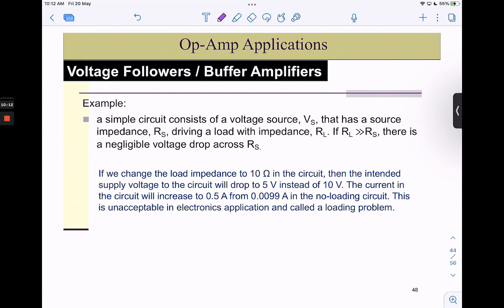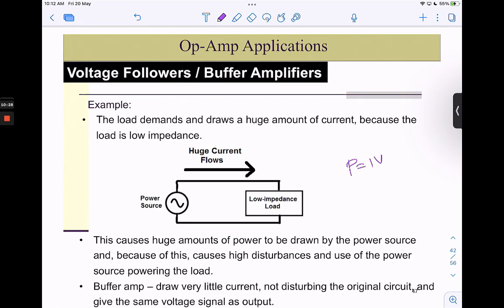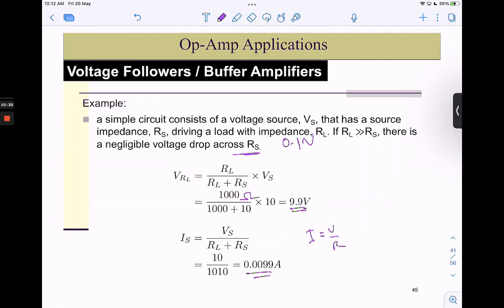Let's say we change the load impedance to 10 ohm in the circuit, and the intended supply voltage will drop to 5 volts. So go back to this calculation here. Let's say our RL becomes 10 ohm.